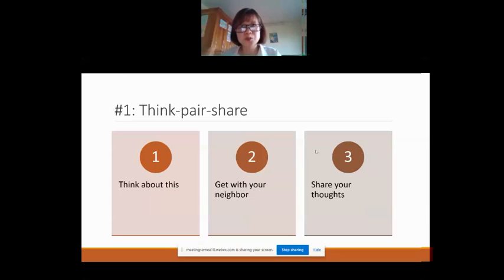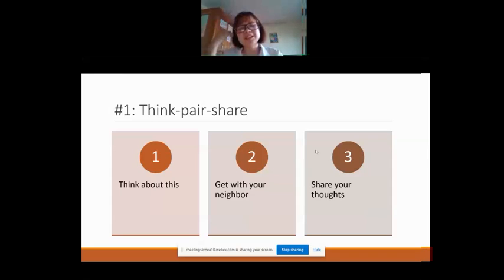It means you provide students time and structure for thinking on a given topic, enabling them to formulate individual ideas and then share these ideas with a peer.